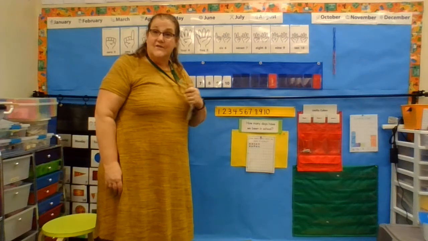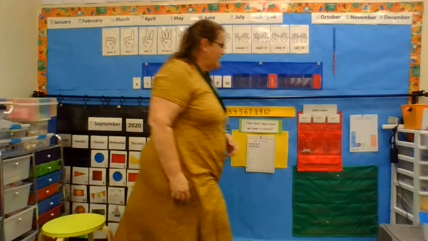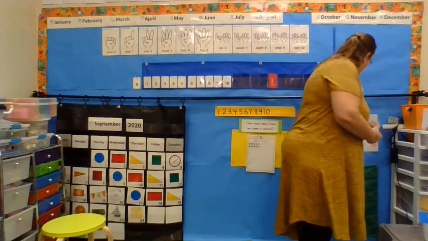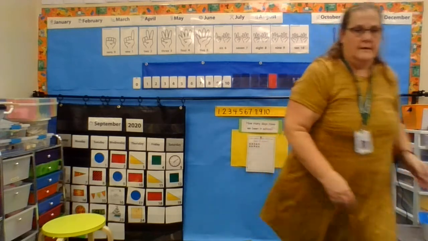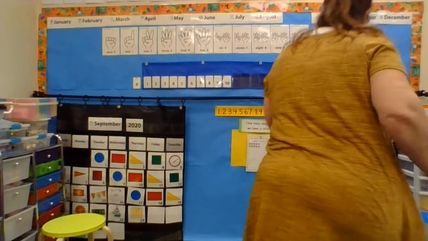Today when I went outside, it was raining. It's fall and it's already been 2 rainy days here. So remember, I used my purple crayon. Oh no, I used green. I have to grab my green crayon.